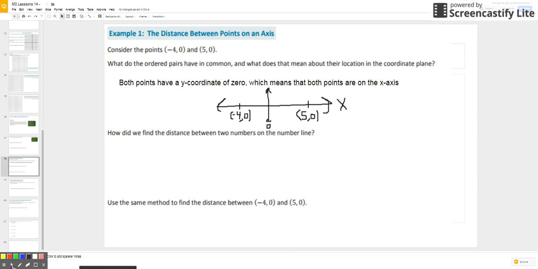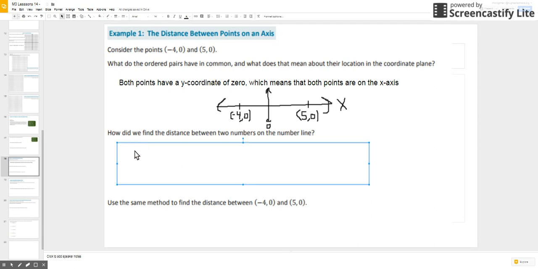It says, how do you find the distance between two numbers on a number line? So how will we find the distance between these 2 points? Well, we already talked about that in the previous one. First, we don't want this to be negative. We want it to be positive. So we would need to find both numbers' absolute value.